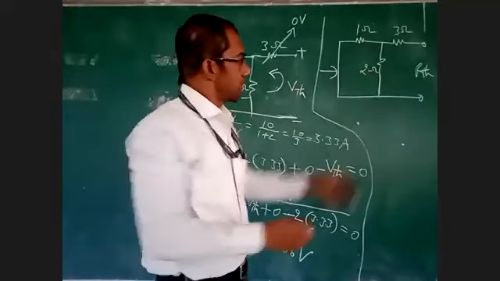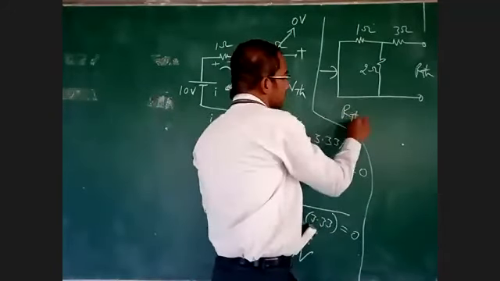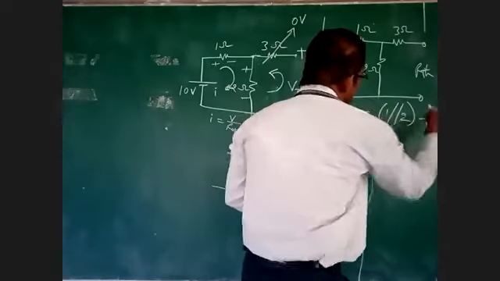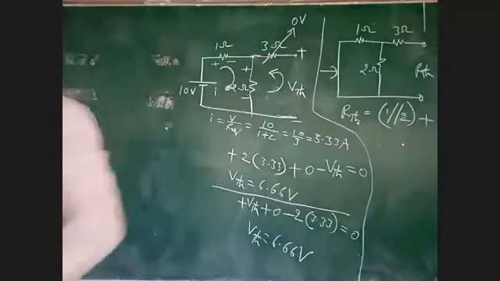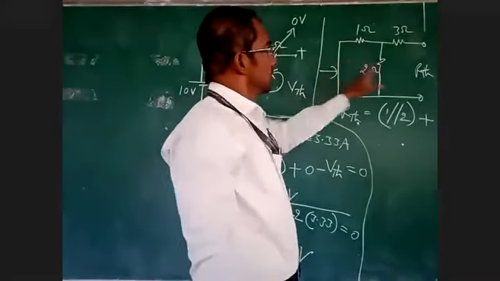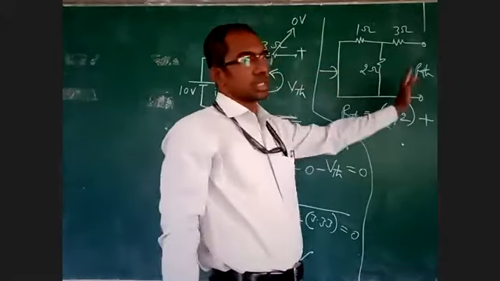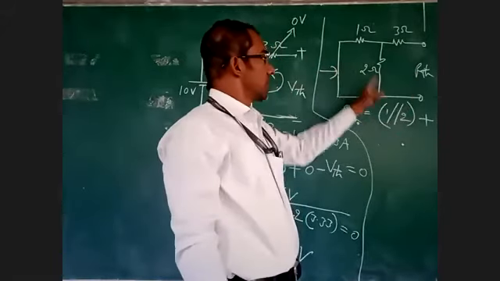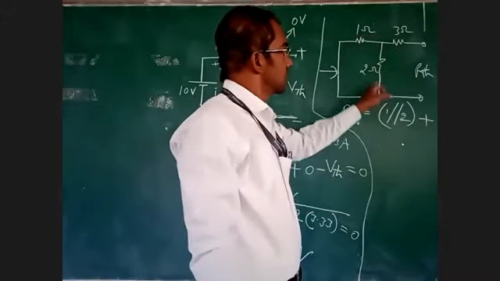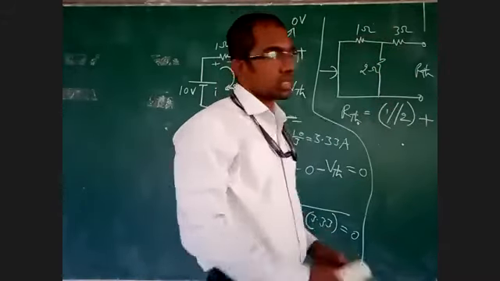1 and 2 are parallel, and that combination is in series with 3. Because this 1 ohm can be written here also. If RTH is on this side, calculate the resistance from the opposite side. 1 and 2 parallel in series with 3. If these two are converted into a single resistance, this resistance will come in series with 3.